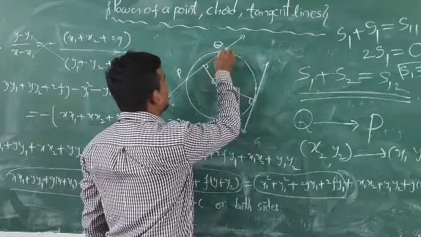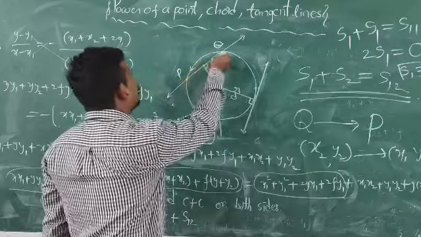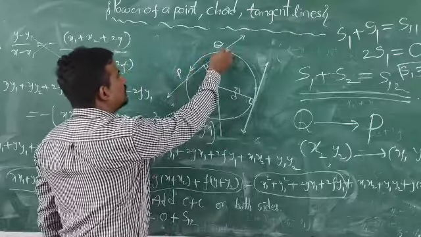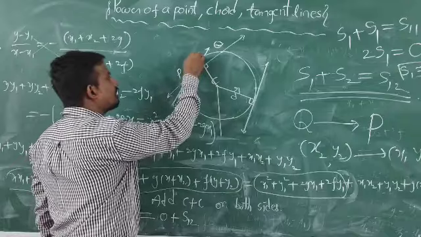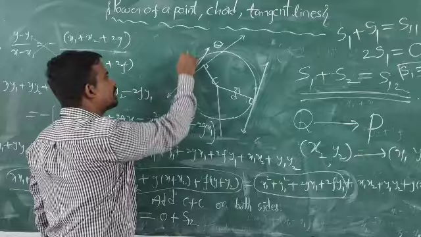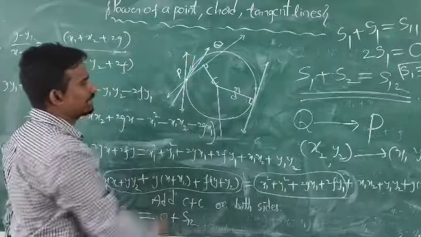If Q moves towards P and both coincide at one point, then our secant line may be like this. If Q comes here, then our secant line may be like here. If Q coincides with P, then our secant line becomes like this one. So this is the tangent line.